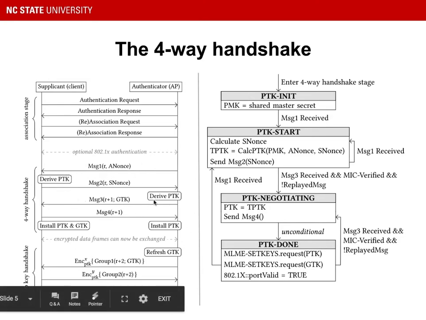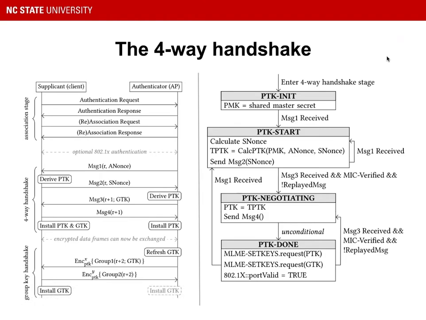And this attack is mainly revolving around the four-way handshake. Here we have what we call the formal state machine of the four-way handshake. And briefly, the four-way handshake works like this.